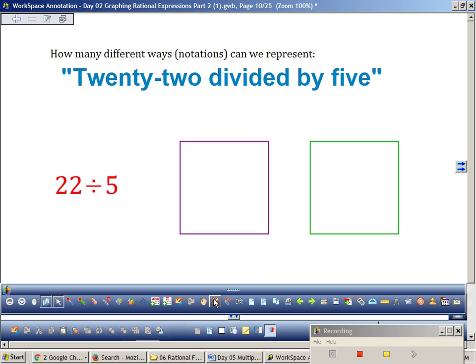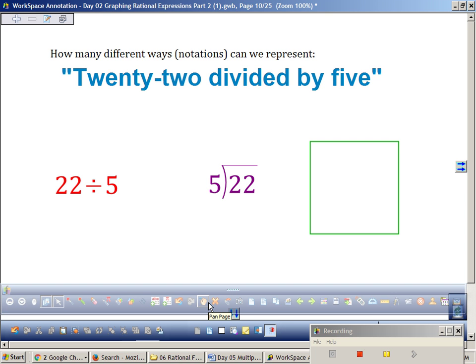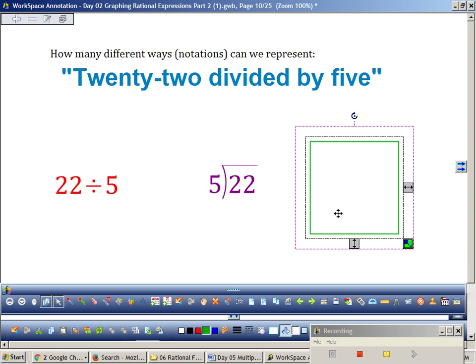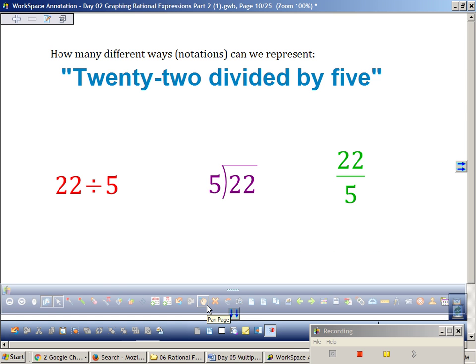So we could do 22 divided by 5 horizontally. We could do 22 divided into 5 groups, with that division symbol. What do we call it? A bracket? No. A house. Or 22 divided by 5.